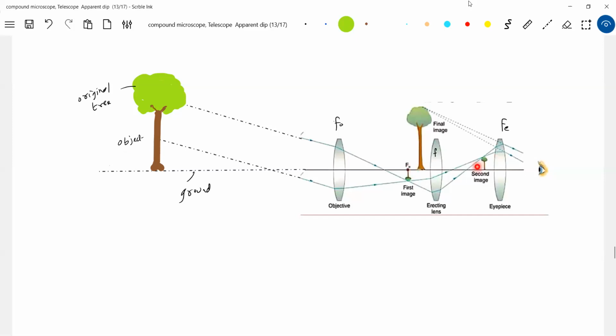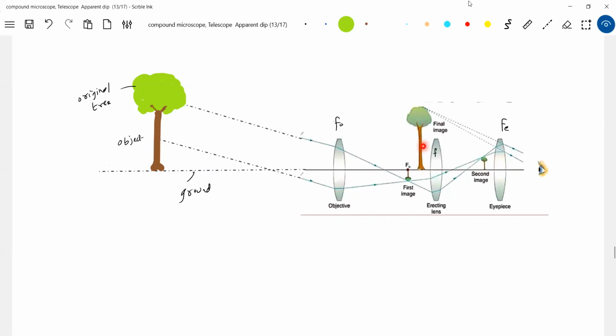Definitely, where should I keep this, what should be the distance? I should see that the distance should be more than F. Then its image will be formed here. And this image I2 which is formed should be at a distance less than the focal length of this eyepiece. Then an erect image will be formed. This is the final image.